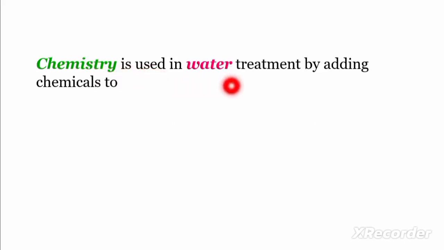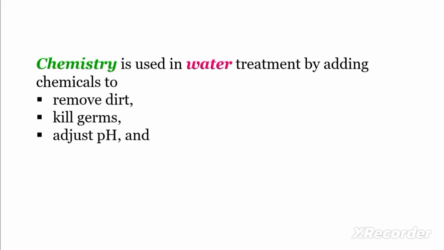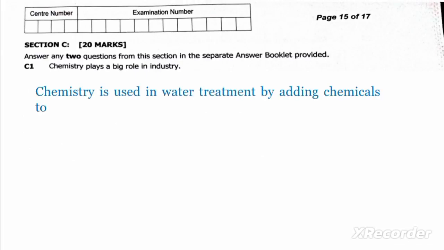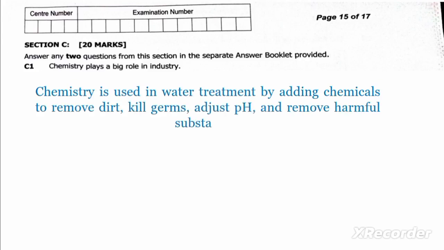Chemistry is used in water treatment by adding chemicals. The reason they add chemicals is to remove dirt, kill germs, adjust pH, and remove harmful substances.